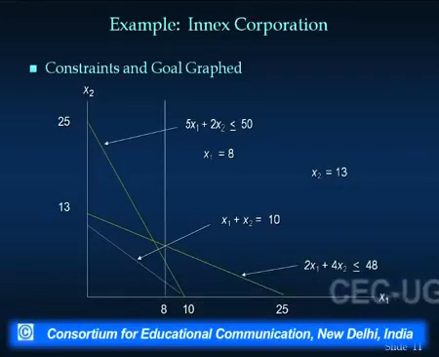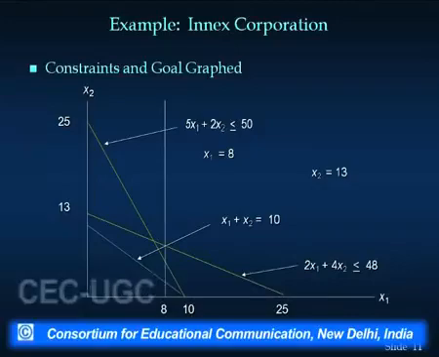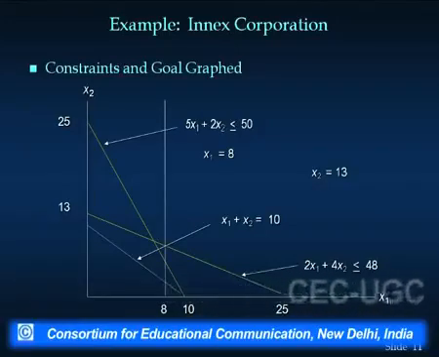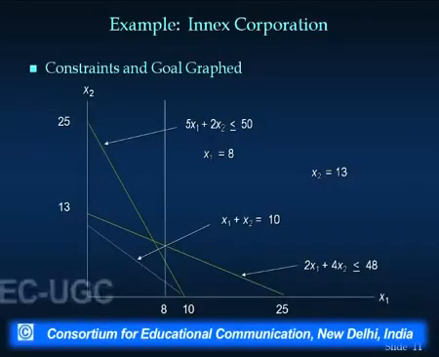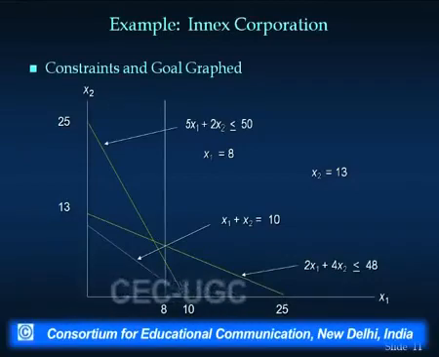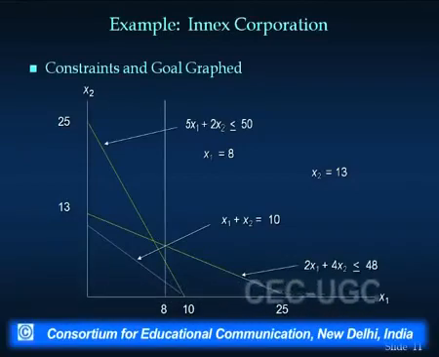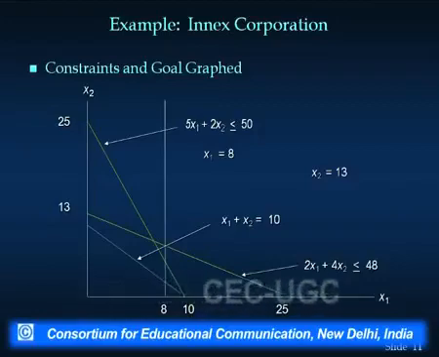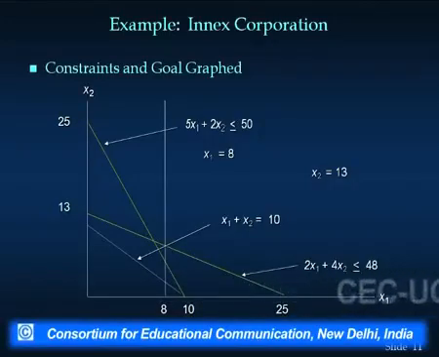Earlier we had a big bottom envelope which was reduced by x1 plus x2 equal to 10, and now it is further reduced by the second priority goal. With the vertical line, it shows that our solution lies on only 2 points, where the intersection of two lines is. One line is 5x1 plus 2x2 less than or equal to 50, and the other line is x1 plus x2 equal to 10. Out of these 2 points, our solution will find a position.